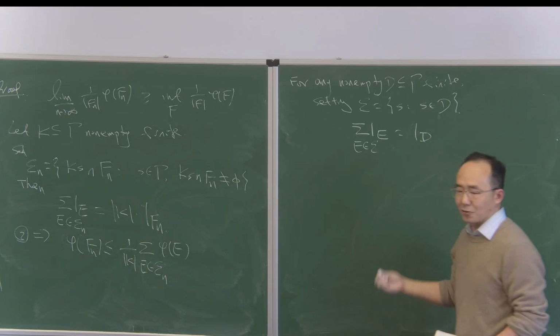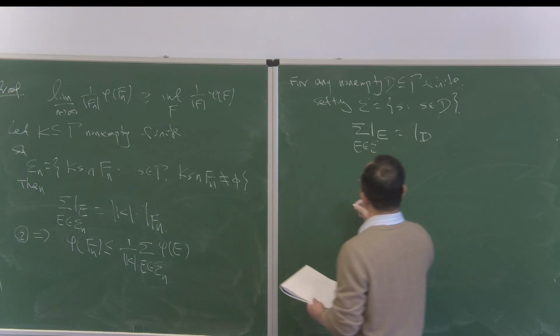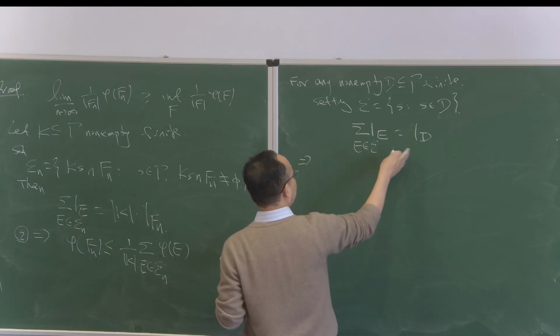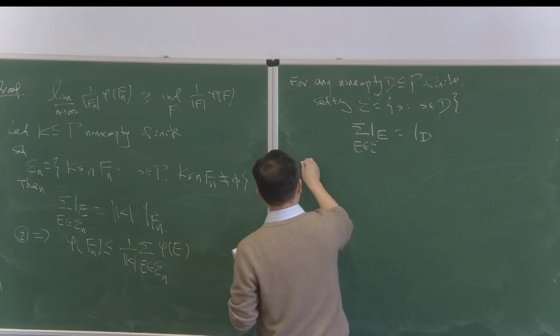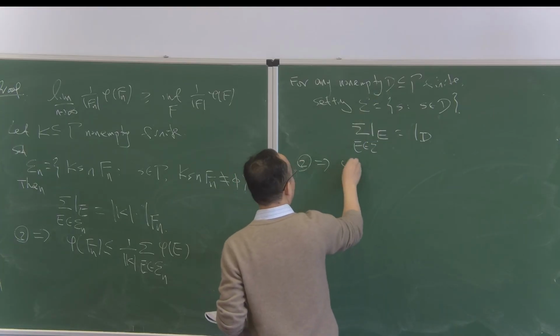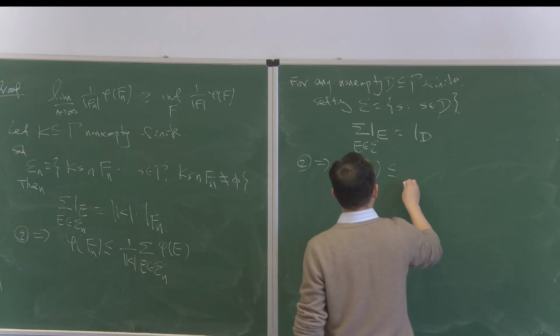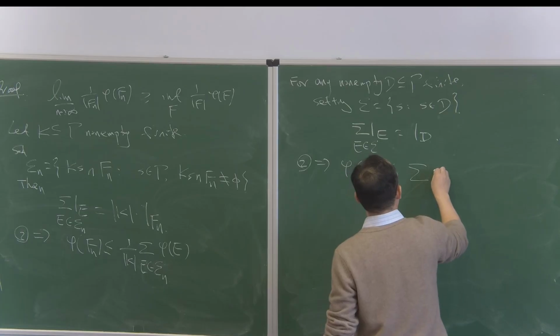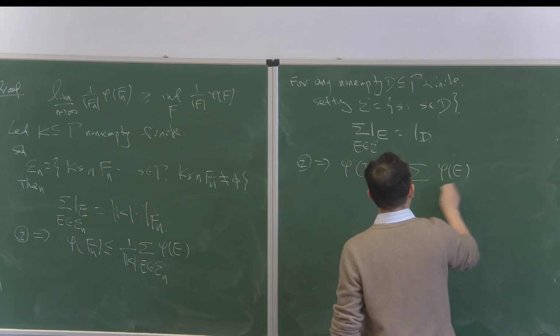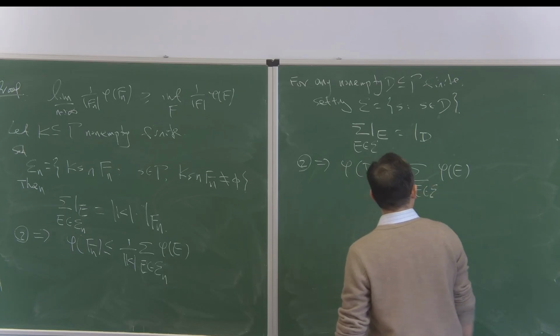Of course, that's trivial, but then one can use it to get some control of the value of phi on D. So condition 2 here will imply that phi of D is at most the sum of phi of E.